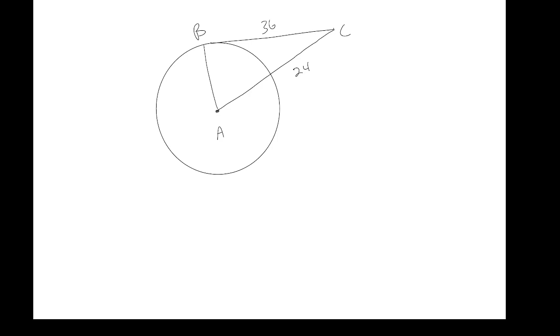And here's where I usually get some interesting questions. So you guys are going to have to think this one out. But let me give you some information before we jump to anything. First of all, B is a point of tangency to circle A.